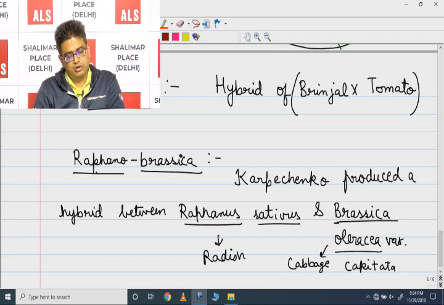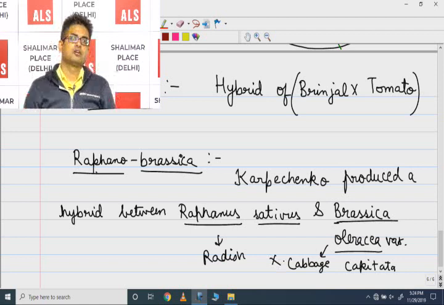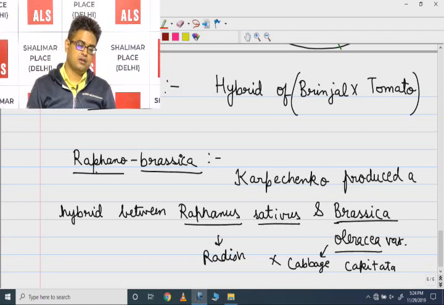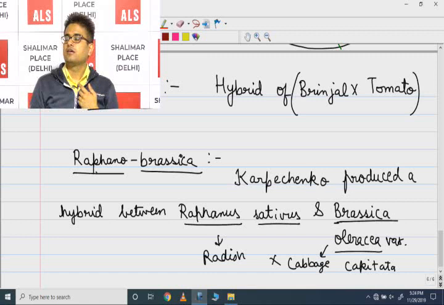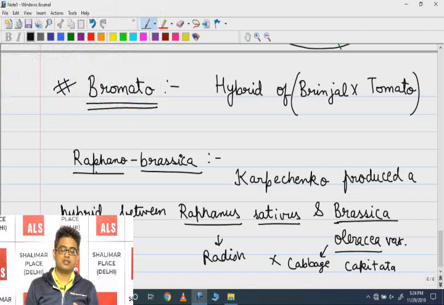So you will not get a very detailed question. The question was, what is Raphanobrassica? It is a cross between what plants? Which plants were crossed in making Raphanobrassica? Raphanus sativus, and Brassica has many species. Brassica oleracea variety capitata is cabbage. Brassica oleracea variety gongylodes is what we call knol-khol.